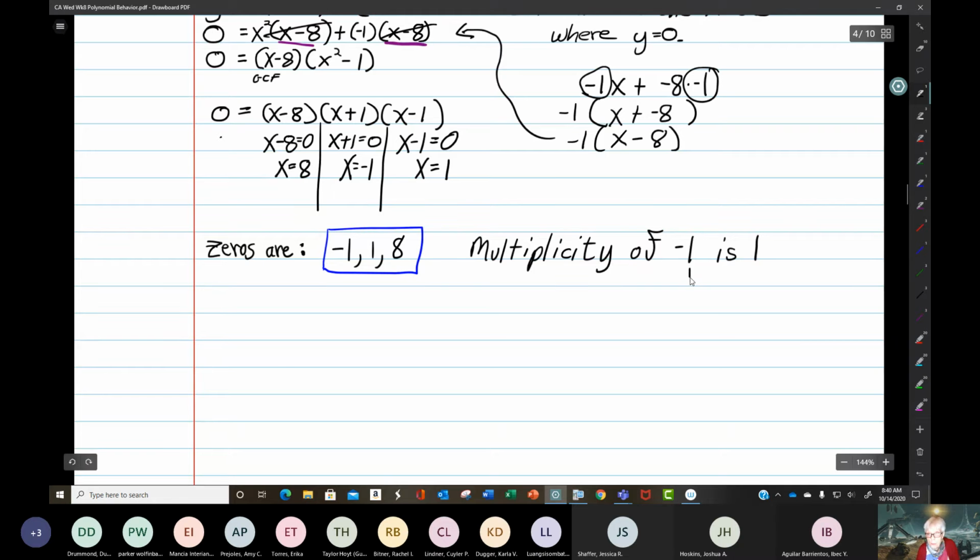The multiplicity of 1 is 1. The multiplicity of 8 is 1. Because they each occur one time.